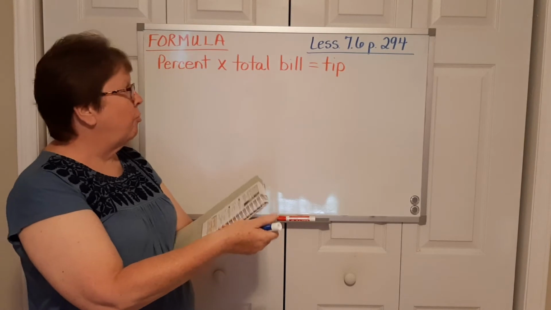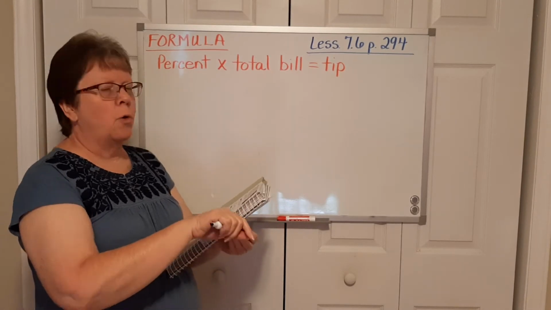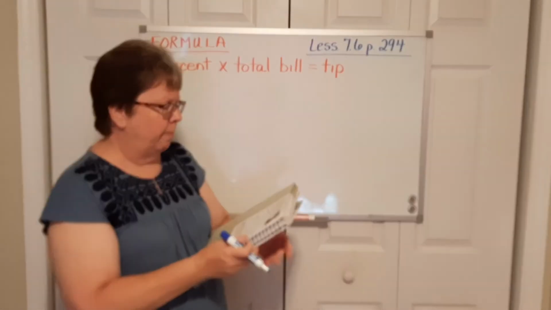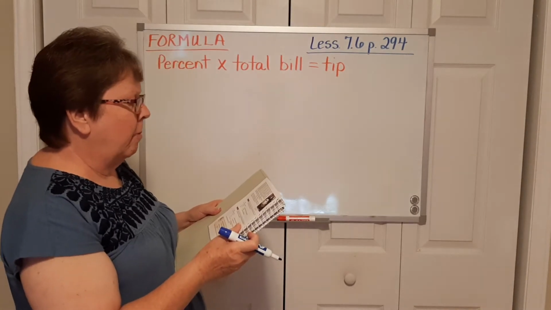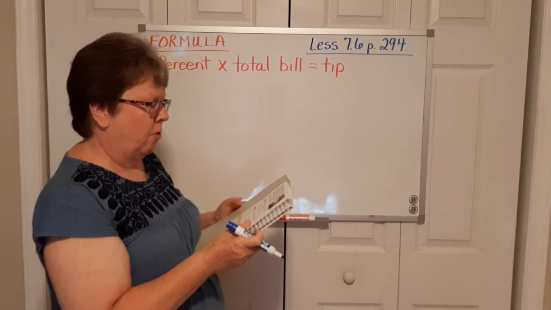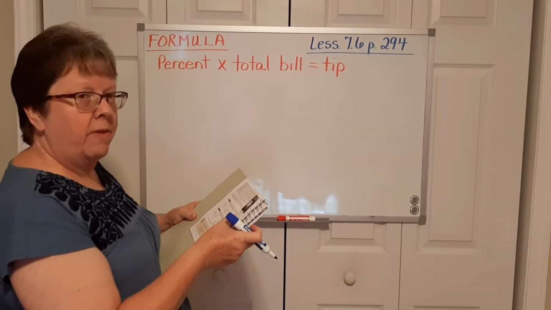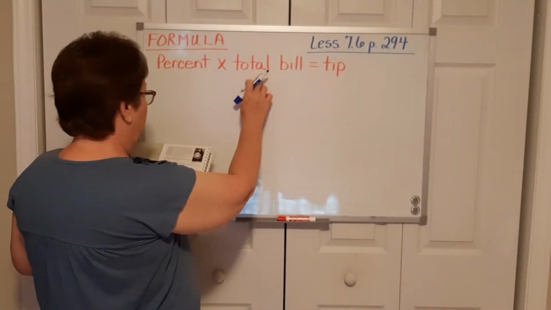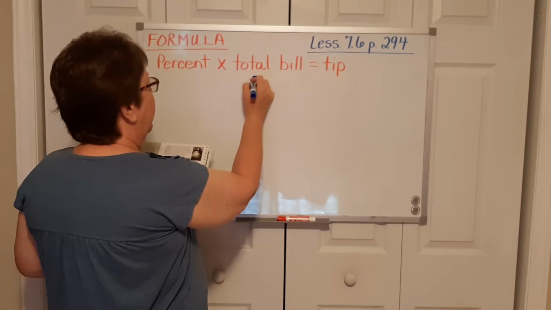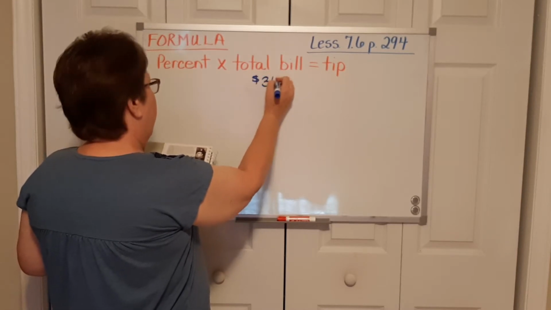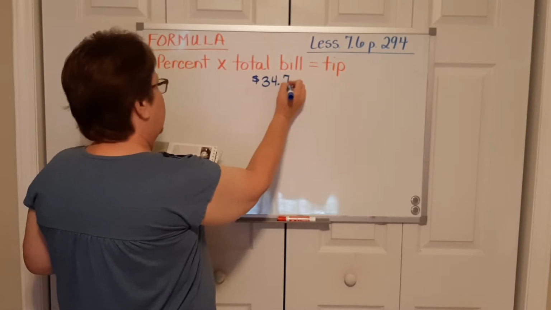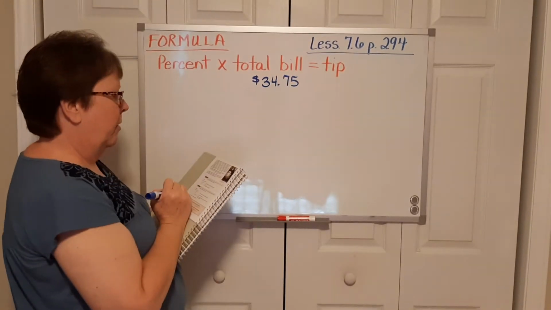Okay, I'm on page 294, and I'm going to go over example 4 with you a little bit. It says, how much of a tip should you leave at a restaurant if your bill is $34.75? Well, here's the total bill, so let me plug in that number. $34.75. Okay?